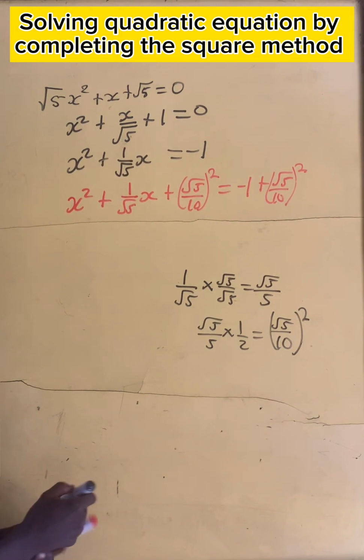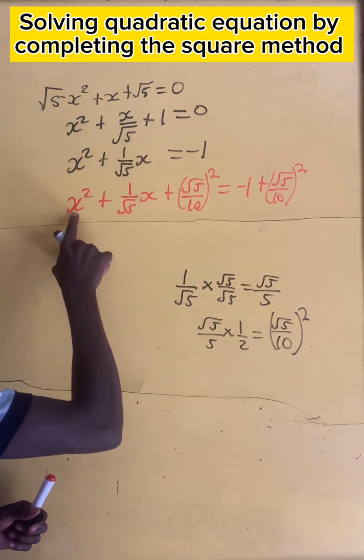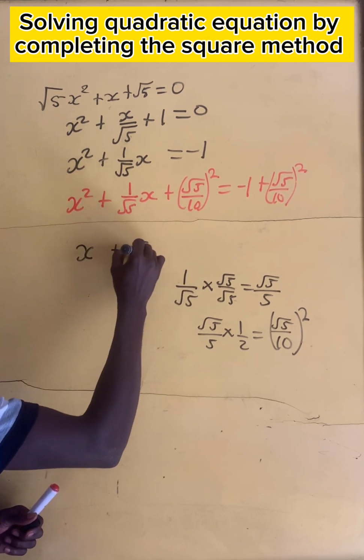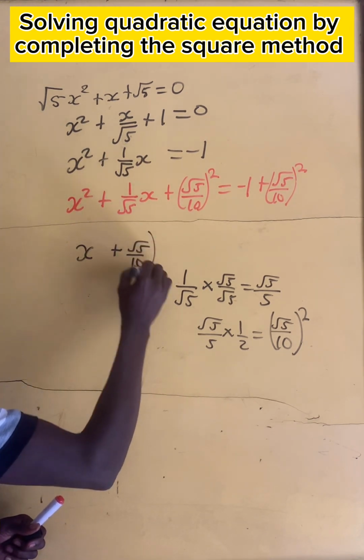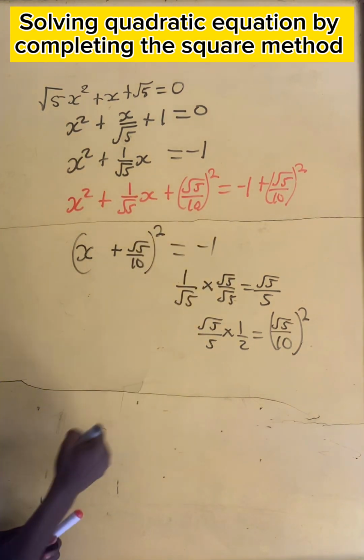So here we are going to take the ones carrying the square. So this is x and this is positive root 5 on 10, all squared equals negative 1.